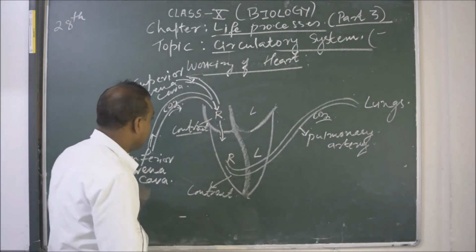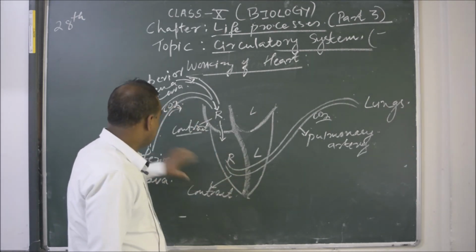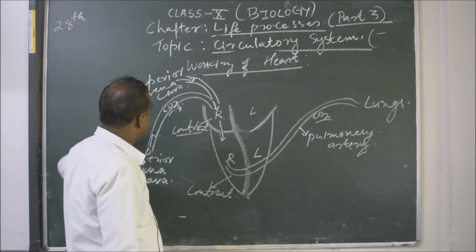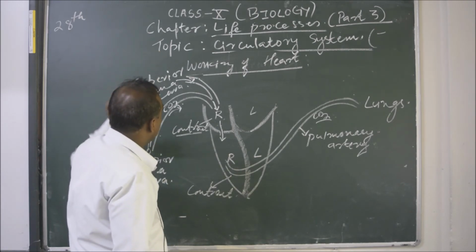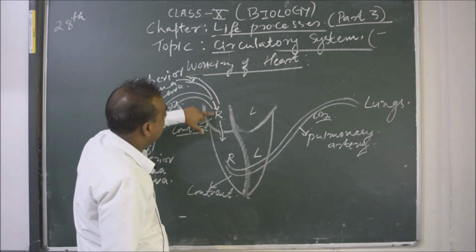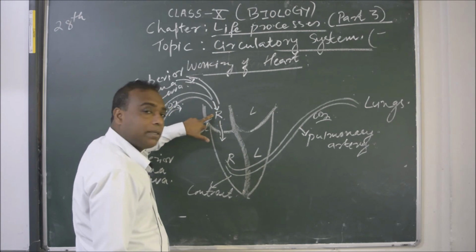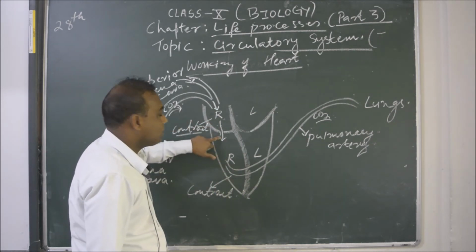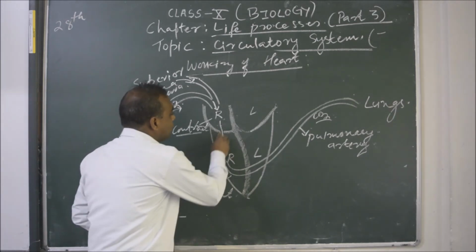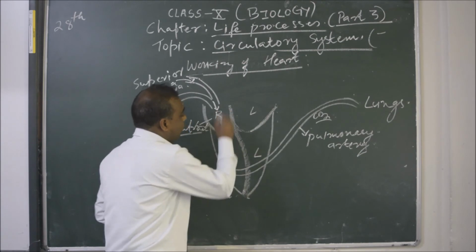Again, I will explain here. This is a little bit complicated, so you have to understand it in a better way. First of all, from the lower part of the body and from the head region, the deoxygenated blood comes towards the right atrium, and when the right atrium contracts, the blood flows towards the right ventricle. There is a small valve, a door-like structure, that opens and closes when the blood flows.